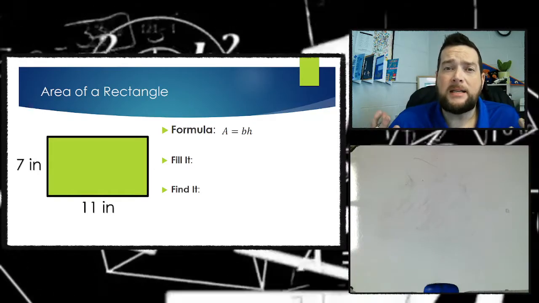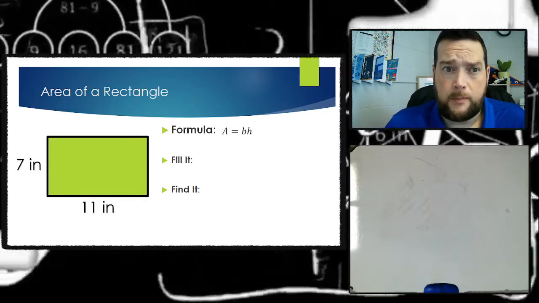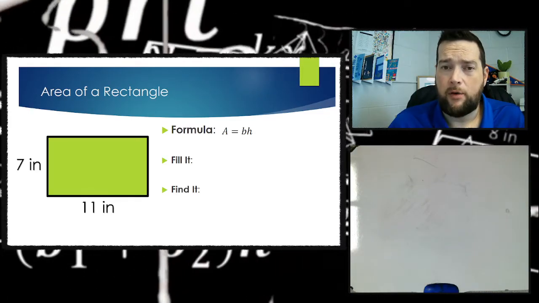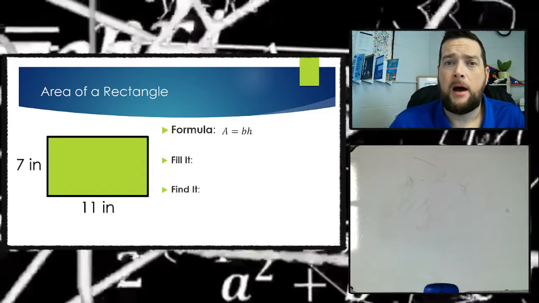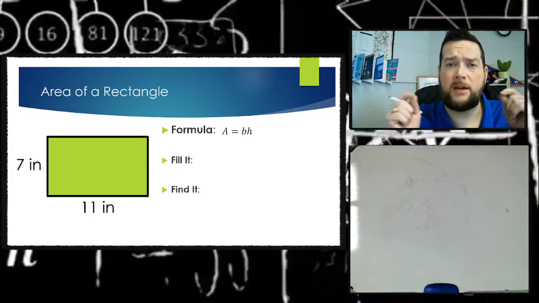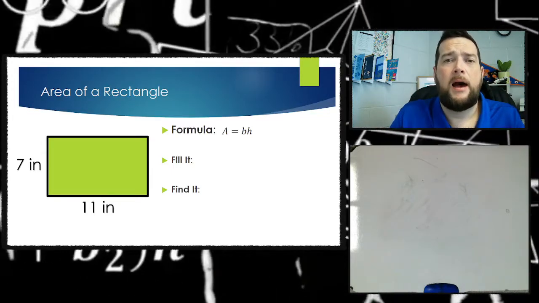Because it's so simple to find the area of a rectangle or parallelogram, a lot of times students will start making shortcuts. They'll make a connection that, I just have to find area, so I just have to find two numbers to multiply.